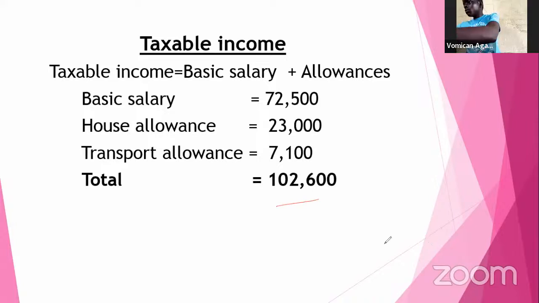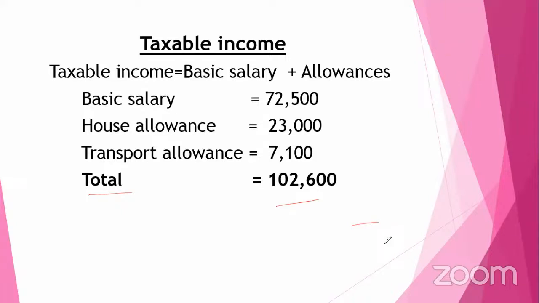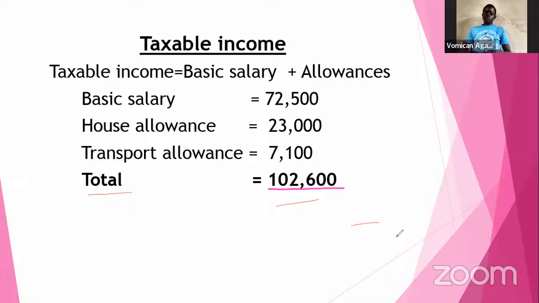Now we said, just a minute, trying to get something here. Oh yeah, it's there. I'm trying to tell you that that is the taxable income. That is what you're asking me.